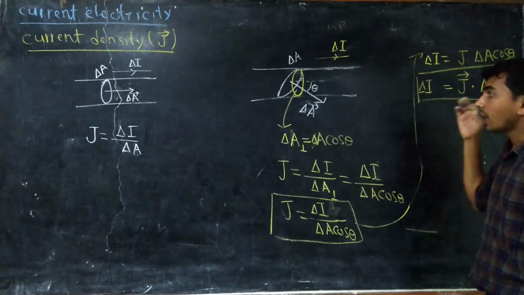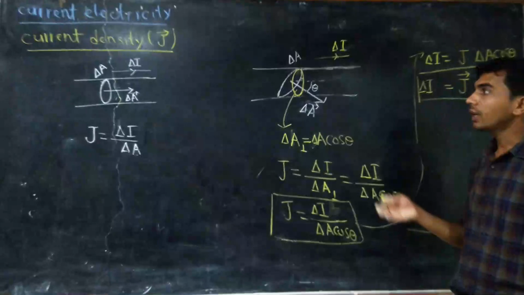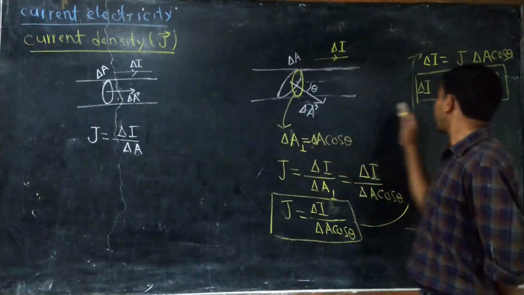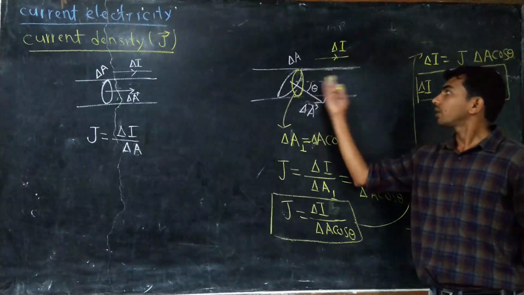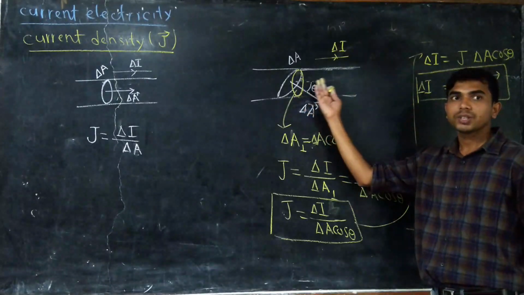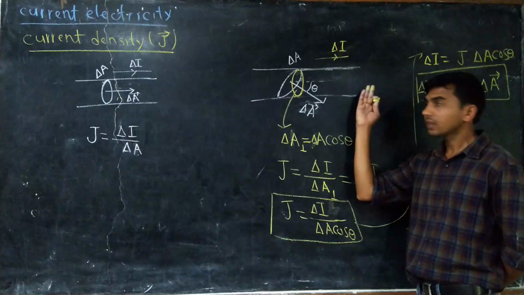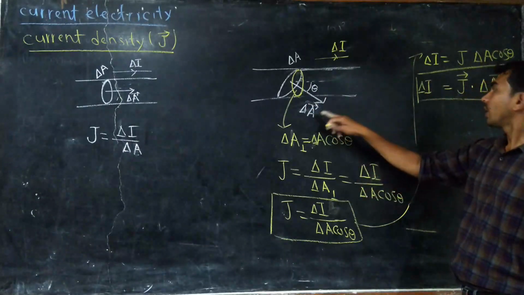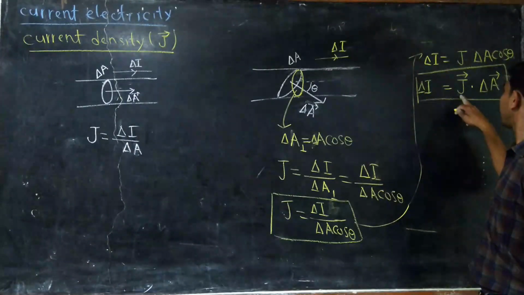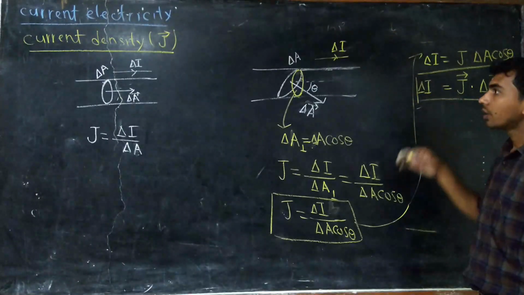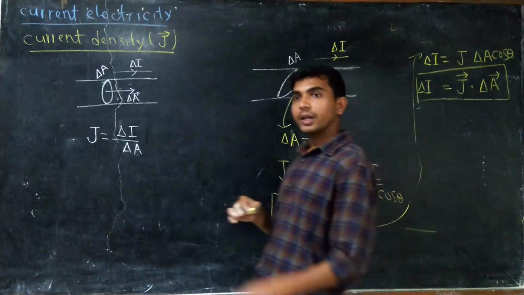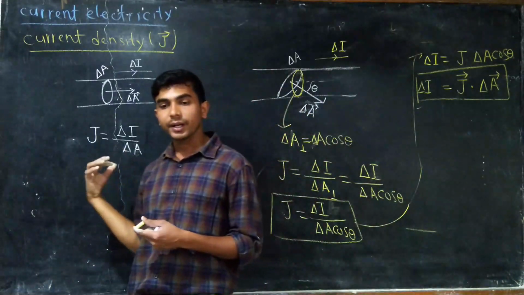The direction of current density is along the direction of current, so your current is in this direction and your J is also in this direction. The angle between J and A is theta, so we can write J dot A. So these are some important formulas related to your current density.